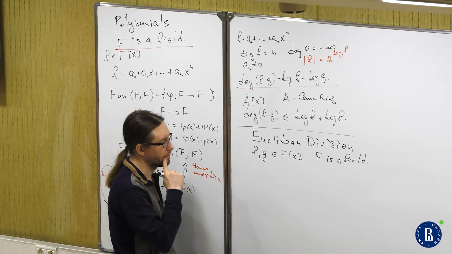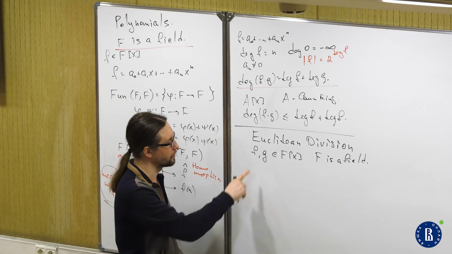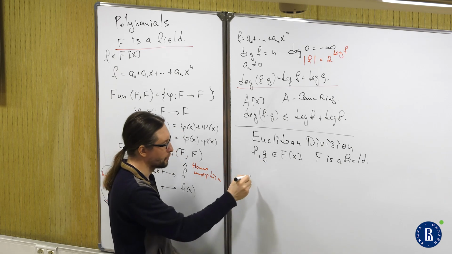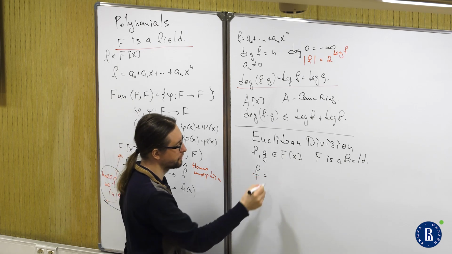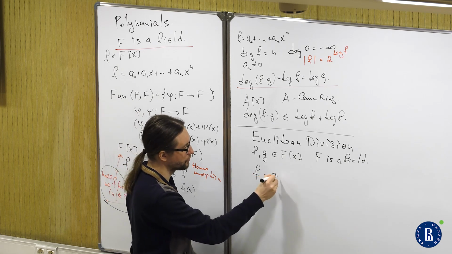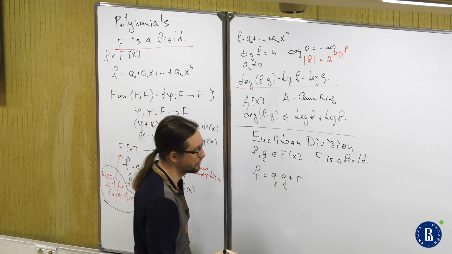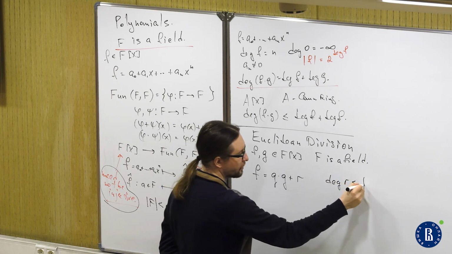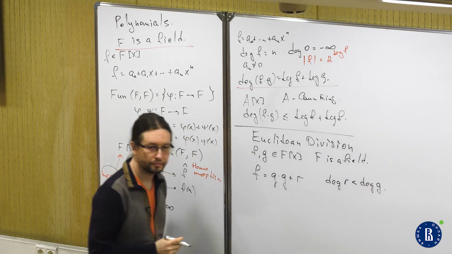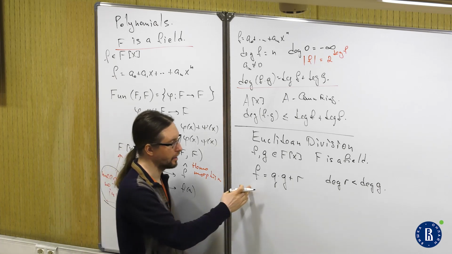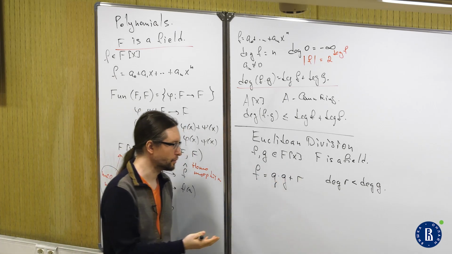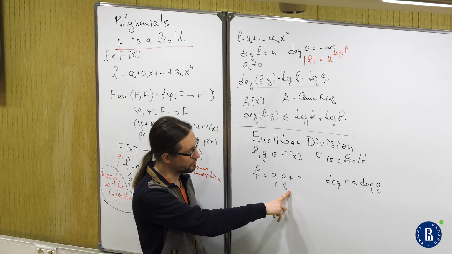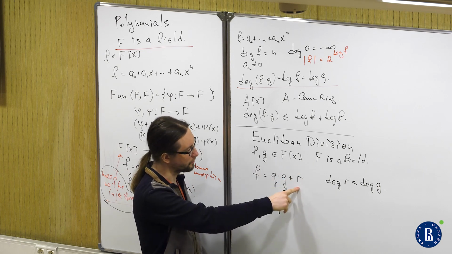Now, what does it mean to divide a polynomial f by a polynomial g with some remainder? It means that we want to present f as the following sum: q times g plus r, where the degree of r is strictly smaller than the degree of g. If we can represent f in this form, we will say that we divided f by g with the remainder r.